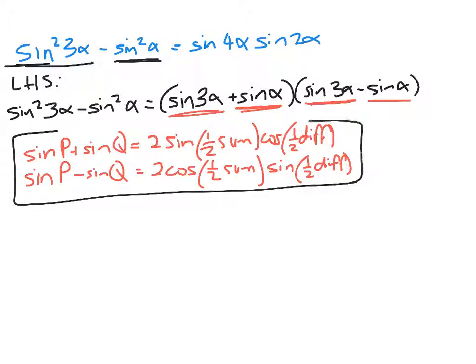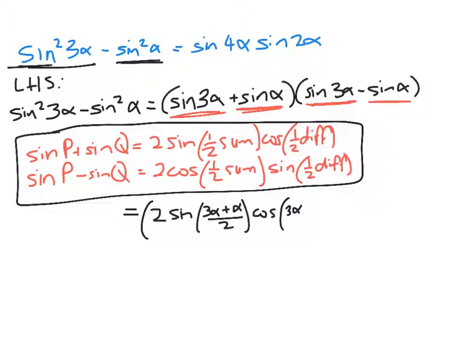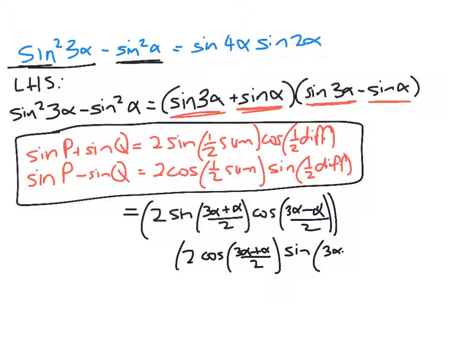Okay, so we'll pop that in a box and we'll just keep going with the black pen. So the first one turns out to be 2 sine 3 alpha plus alpha on 2, cos 3 alpha minus alpha on 2, times 2 cos half the sum, 3 alpha plus alpha on 2, times sine of half the diff, so 3 alpha minus alpha on 2.